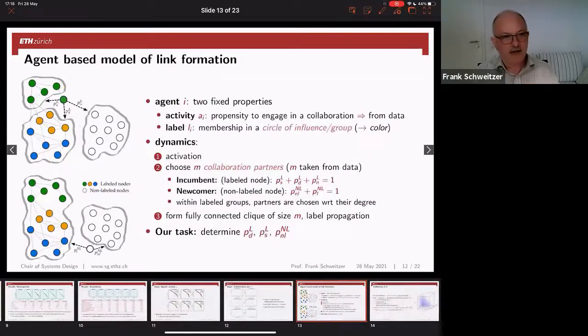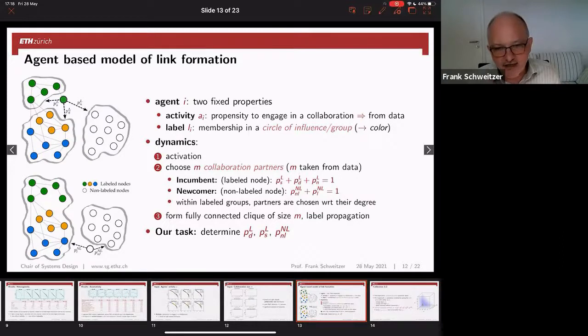So now I shortly introduce to you our agent-based model. We would like to understand how firms enter this collaboration network, which is pretty big, with 21,000 collaborations. And we have developed a so-called label propagation model. So what type of firms do we have available?